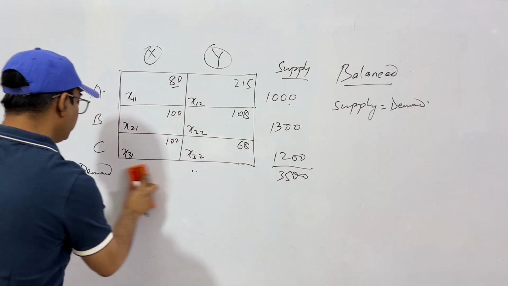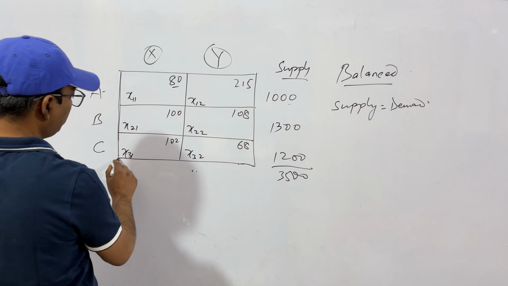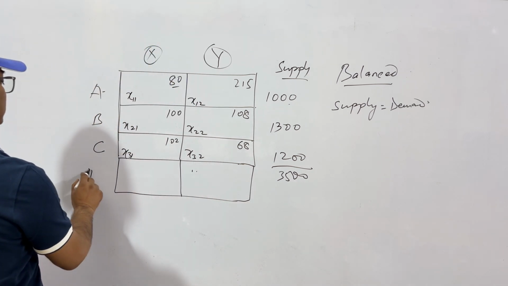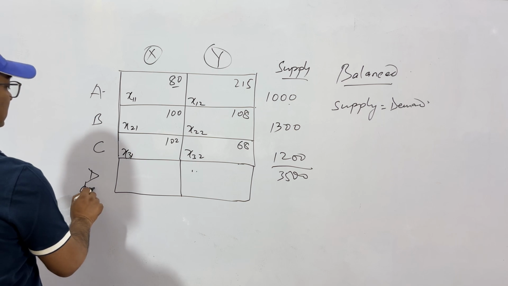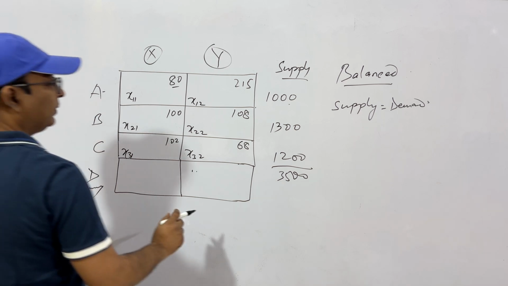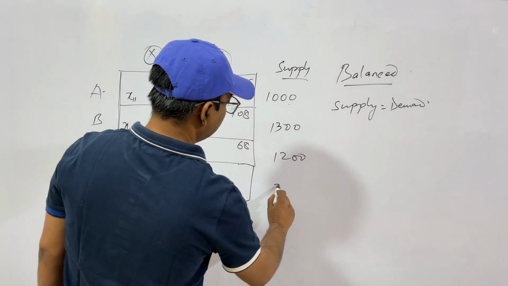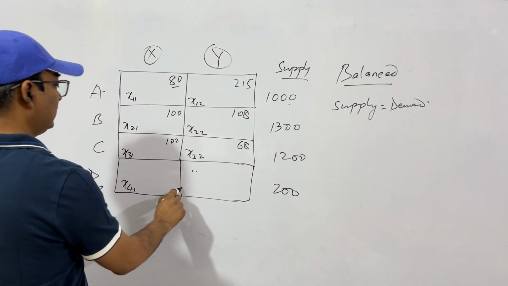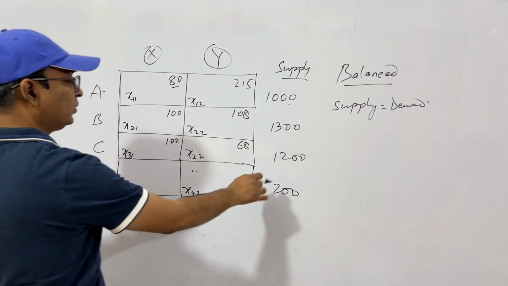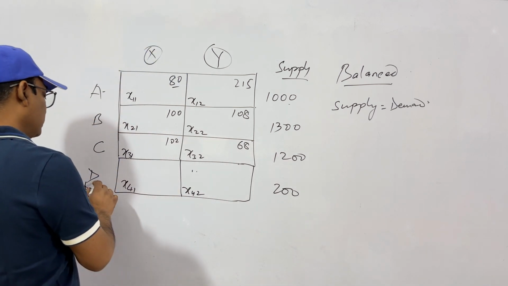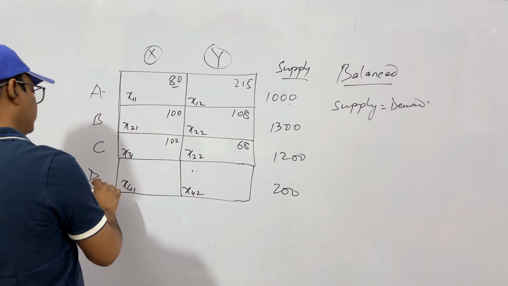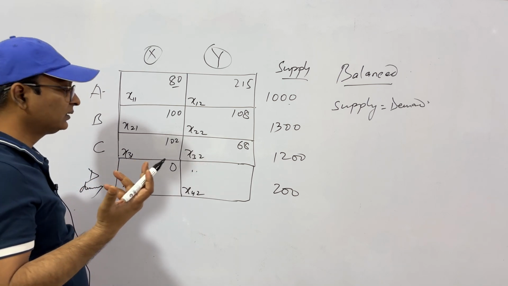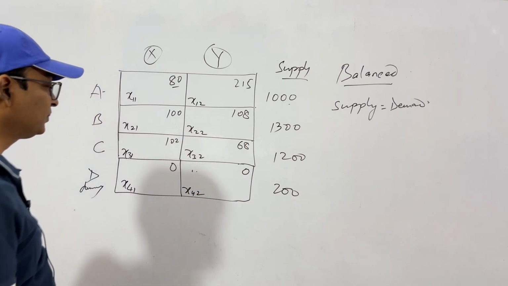So in that case, what we do, we create a dummy supply unit. Let's say the name is D for dummy. This is a dummy supply unit which supplies 200 items. Let's say this is X41, X42. So X41 plus X42 will be 200. What will be the cost of transportation of item from this dummy unit to this? 0, because this unit actually does not exist. So the cost is 0.